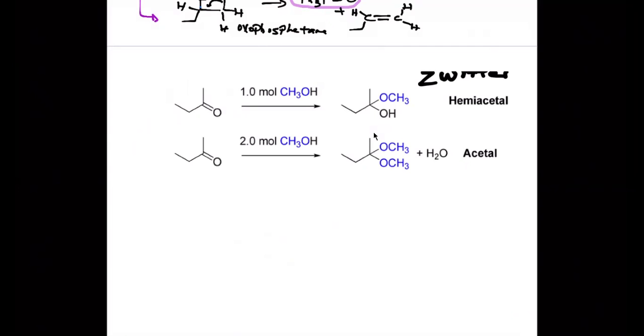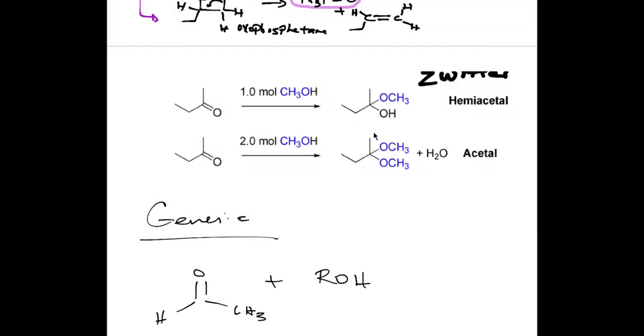All right. So a hemiacetal you make by reacting a ketone or an aldehyde, doesn't matter, with one equivalent of alcohol. So in a generic sense, let me show you the generic version of this. You have an aldehyde, and let's say you react it with some generic alcohol.